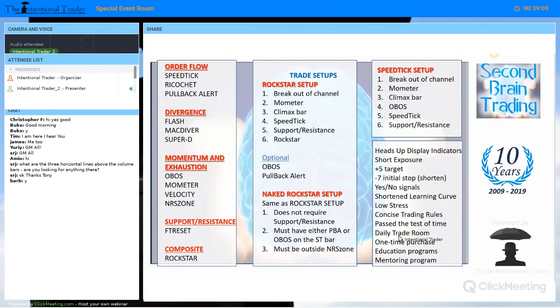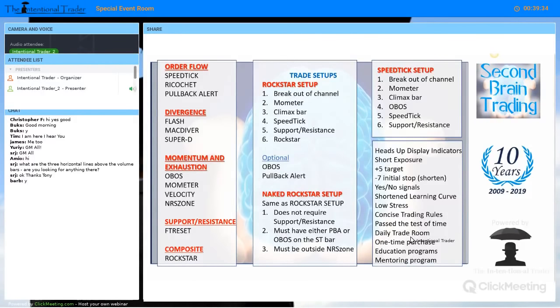I went through so many of those rooms when I was a struggling trader, where every time I logged in, it seemed like there was something new, something changed, some new information we didn't have before. And it does occur to you after a while, well, if it was so good when I joined, why is it so different now?